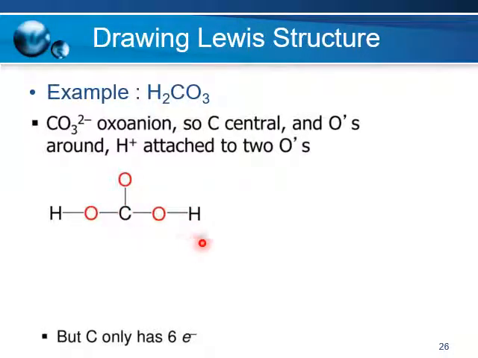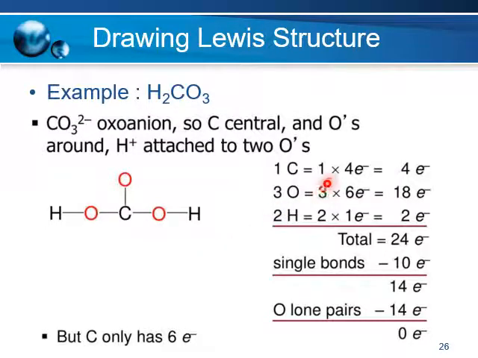Now we count. Carbon: 1 carbon times 4 electrons, it can form 4 bonds, 1, 2, 3, 4. Then we have oxygen, 3 of them, each having 6 electrons, that gives 18. Then 1 hydrogen, 1 times 1, that gives you 24.